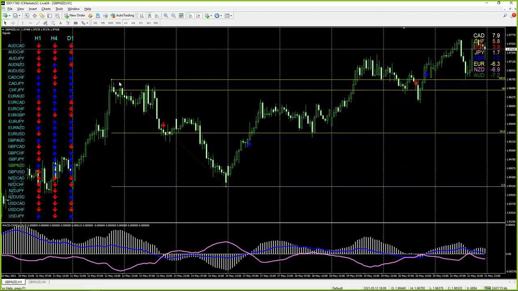And as we can see, our 50 Fibonacci was hit. The closing price is very near the 50 Fibonacci level. This was Monday. We were still holding our trade on Tuesday, and our TP was hit on Wednesday, so it's the second day. Our TP is around 127 pips.